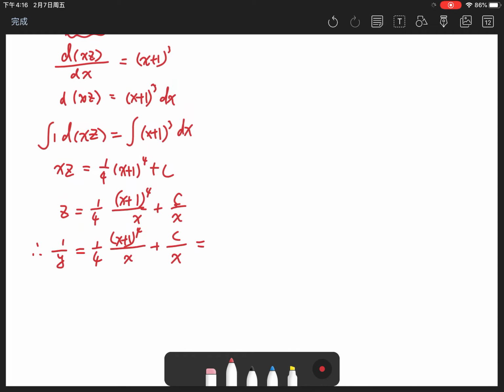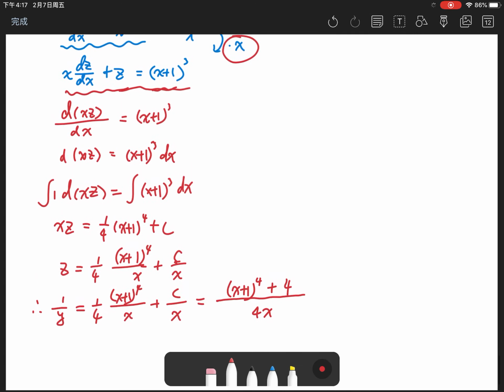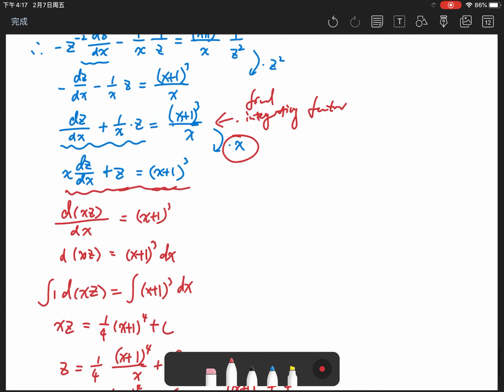Finally, we can replace z by 1 over y. So it is 1 over y equals 1 over 4 times x plus 1 to the power of 4 over x plus c over x. Then take the reciprocal. Here we can combine it as one fraction, so it will be 4x over x plus 1 to the power of 4 plus 4c.